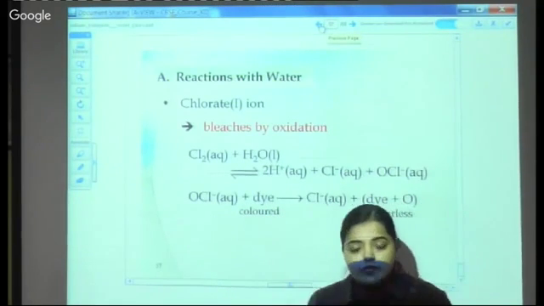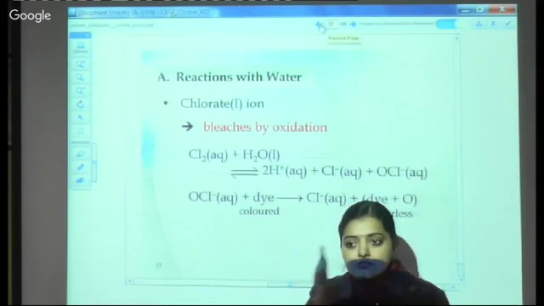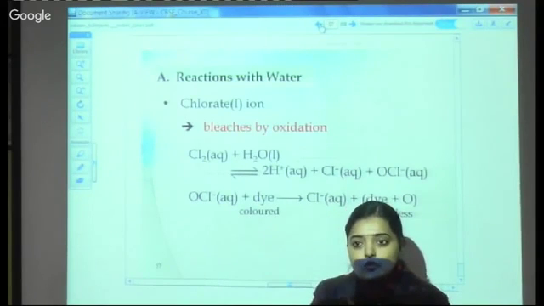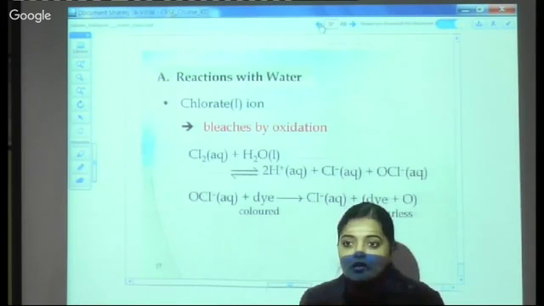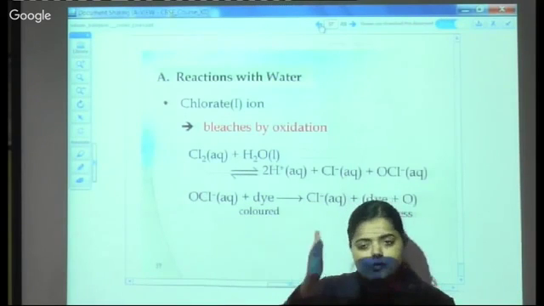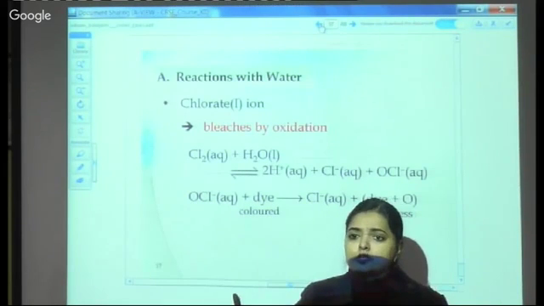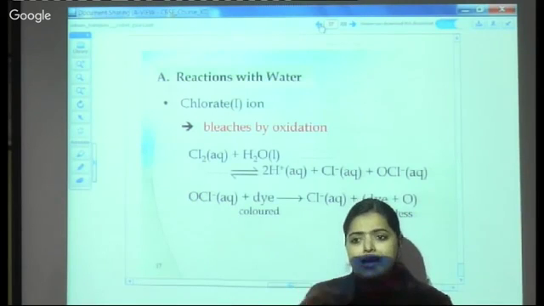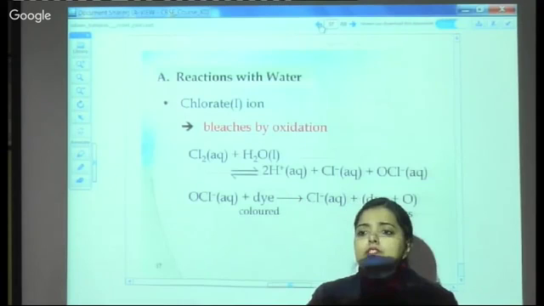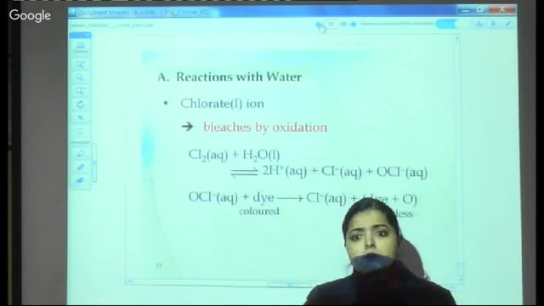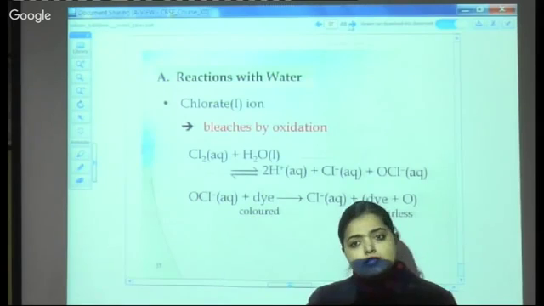So you have to be very clear about what they are asking, at which stage they are asking what chlorine water is producing. If it is simple chlorine water, it is going to give you a combination of HCl and HOCl. If it is kept on standing under sunlight or increased temperature, it will only give you HCl, because HOCl will decompose, being unstable, and transform to HCl.